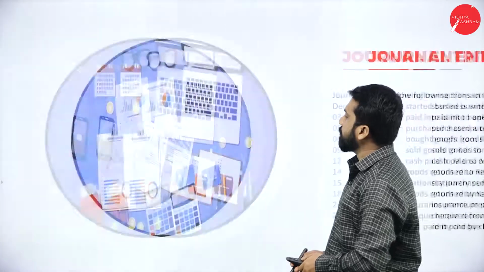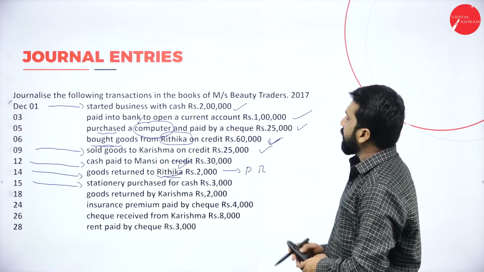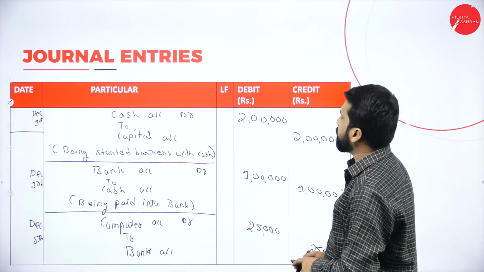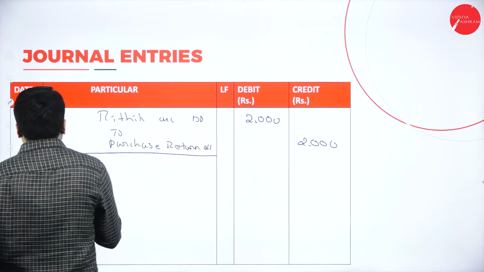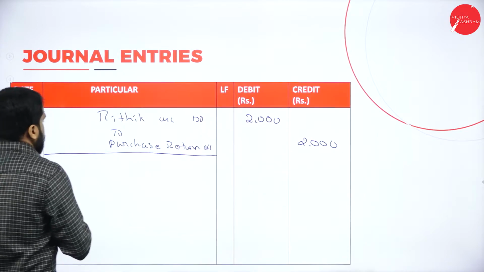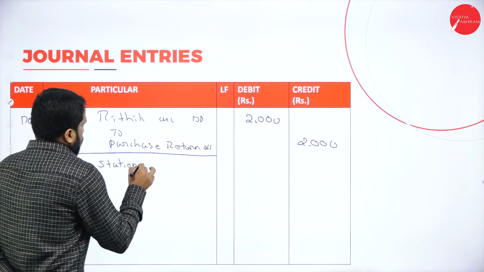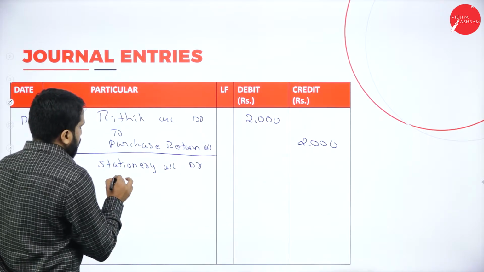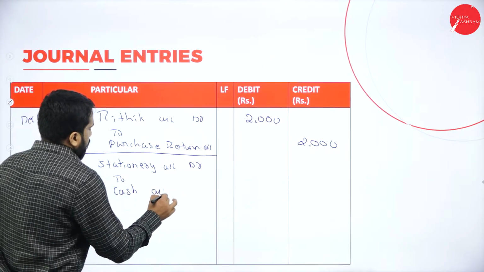Now, what is the date? The date is 15th December. Amount is 3000. Date December 15th. So, stationery account debit to cash account.